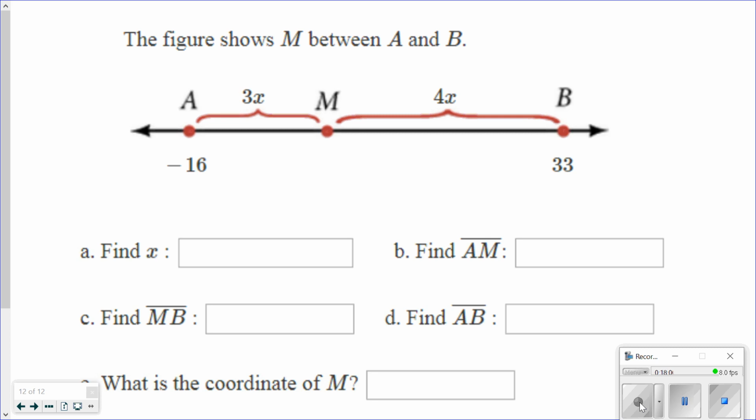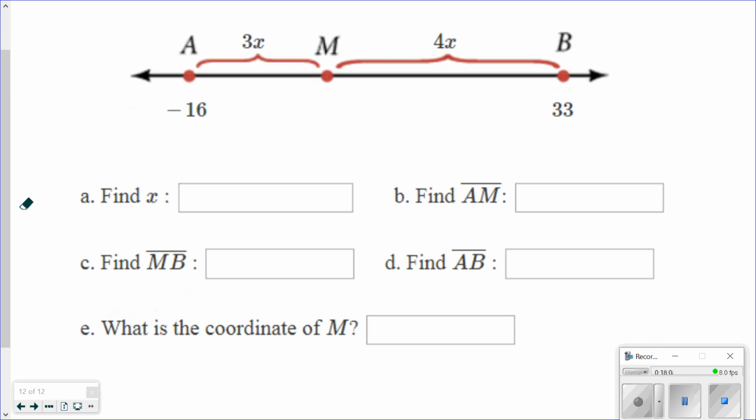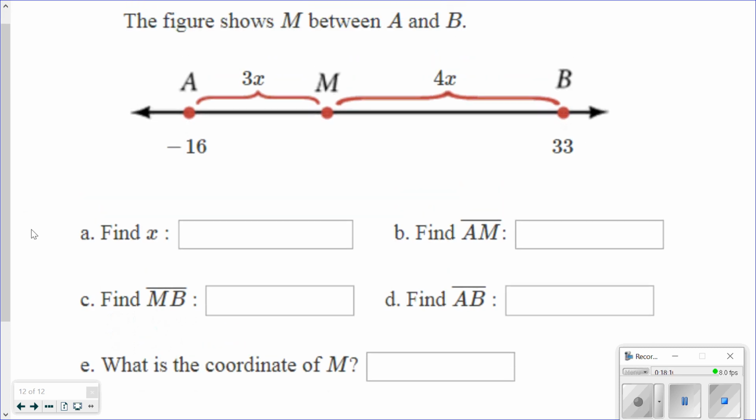Here's our challenge problem. The figure shows M between A and B. We have a lot of different things we're going to need to solve here. We want to first solve for x, find the length of AM, find the length of NB, find the length of AB, and then finally, what's the coordinate of that point that's in between A and B?